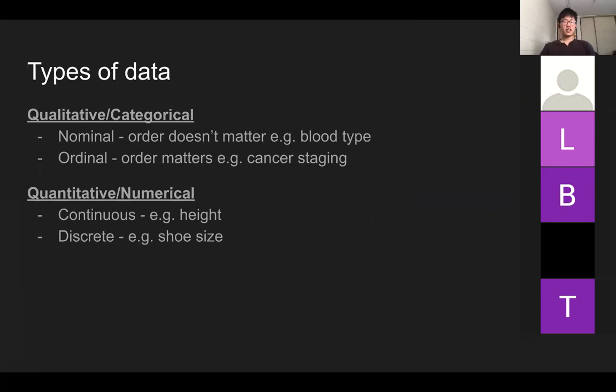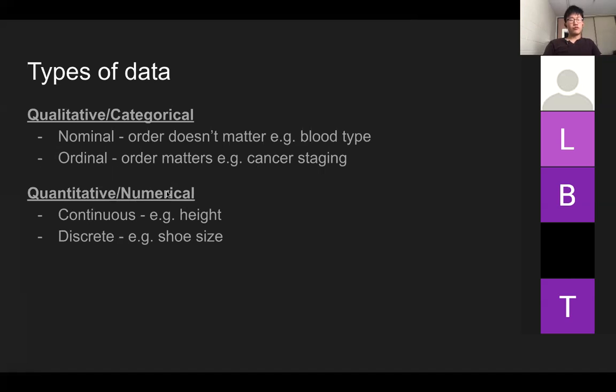Here we've got different types of data. You've got your qualitative or categorical. This is obviously more categories and not numbers. So things like your blood type, which is nominal, where order doesn't matter, or ordinal, where order does matter, for example cancer staging, or the other example I had was boxing weight classes, where the order does matter, but it's again categorical.